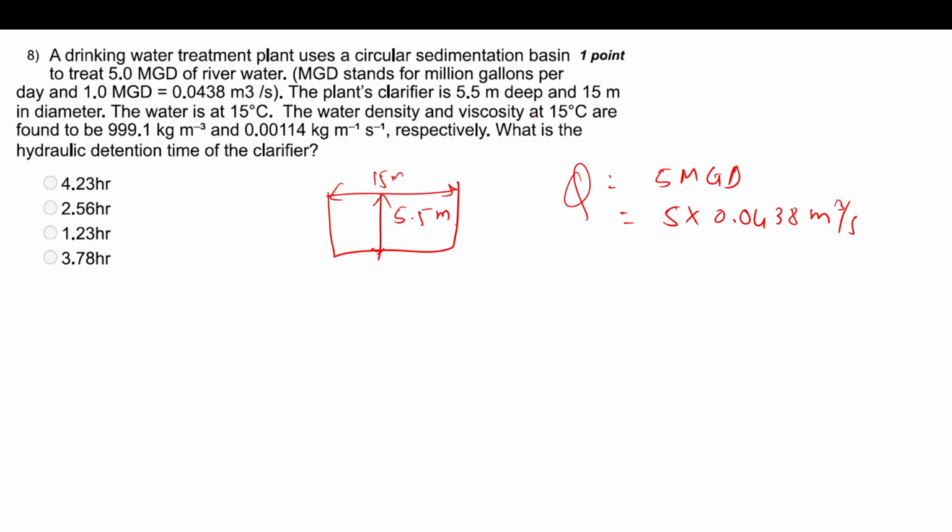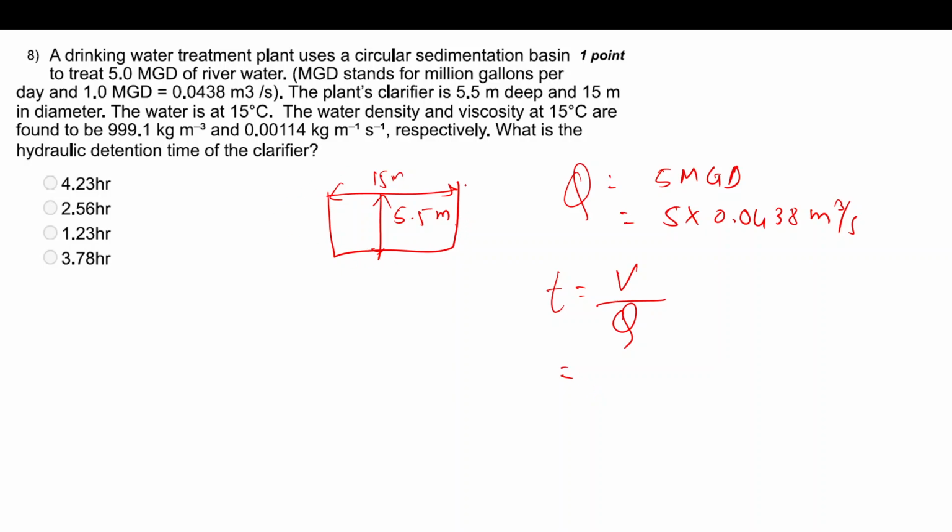The water density and viscosity at 15 degrees Celsius are given as this. What is the hydraulic detention time? For hydraulic detention time, you do not need any of these parameters. It is nothing but volume per unit flow rate. Make sure the units are consistent.